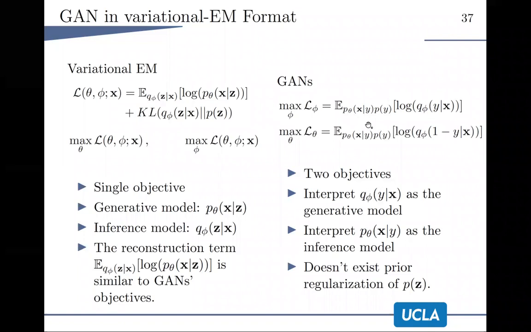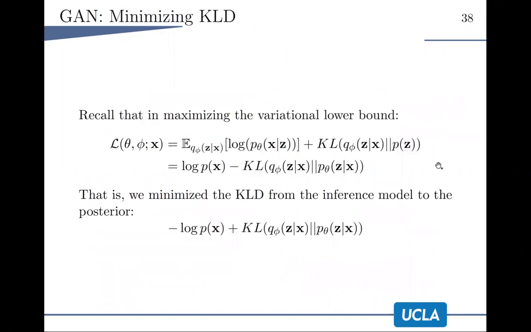So we find some correlations: they are very similar, but also a bit different. For example, there are still two objectives, although one of them is only the reverse of another.